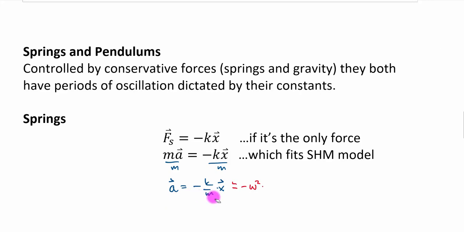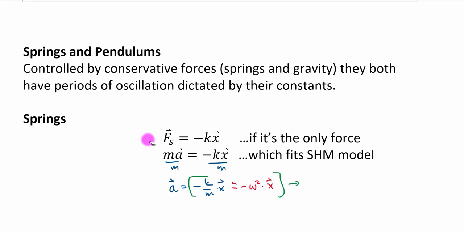Just take a look at the negative k over m x squared and the omega squared times x, which it's not showing up. Why is it not showing up? Oh, there it goes. If we set those two equal to each other and do a little bit of algebra, the x's cancel out, the negatives cancel out.